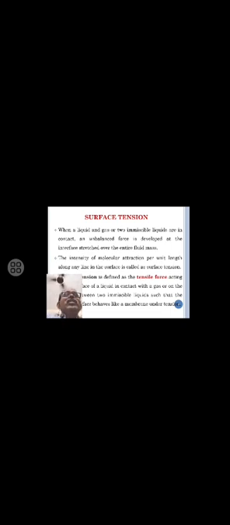The surface tension is defined as the tensile force acting on the surface of a liquid in contact with a gas or between two immiscible liquids, such that the surface behaves like a membrane under tension. The tensile force may be considered as acting on the plane along the line of the surface.